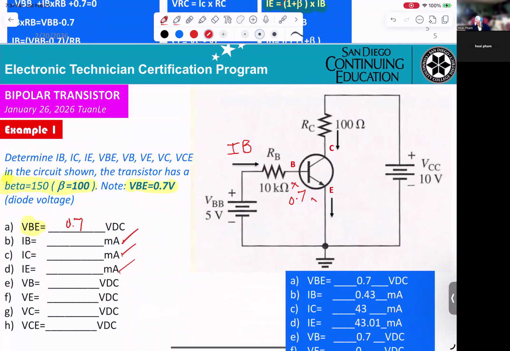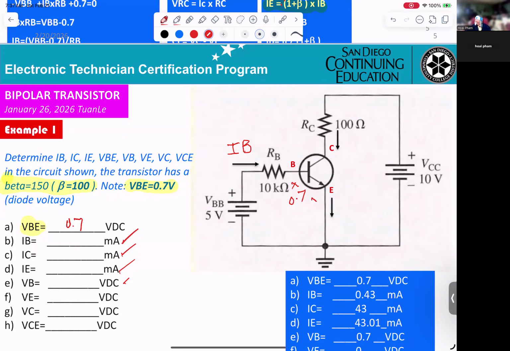Okay. And now VB. That means VB equal, from the base to the ground, only 0.7 volt. Okay. VE is 0.